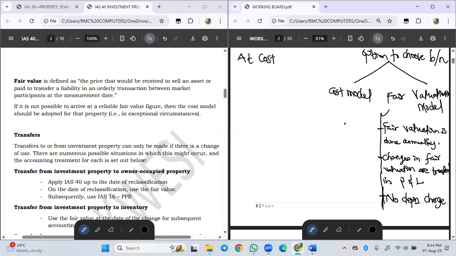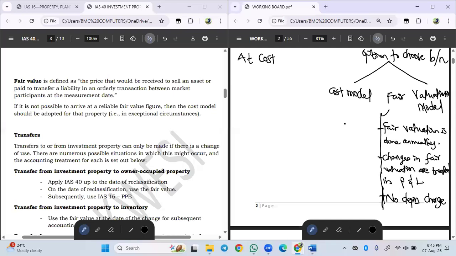That's where we do the revaluation, to reflect the fair value, the market value. But for fair valuation under IAS 40, the valuation is done annually. Every year, you have to revalue the asset, fair value the asset, at the end of every year. Okay, that is the first difference.